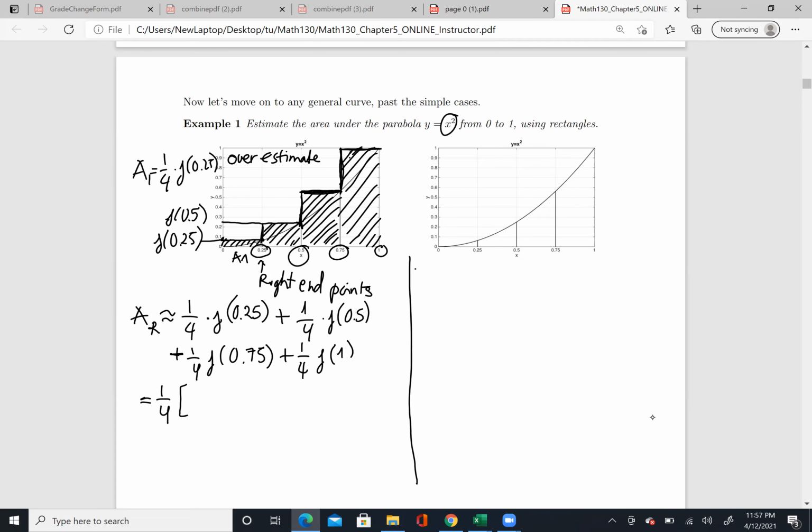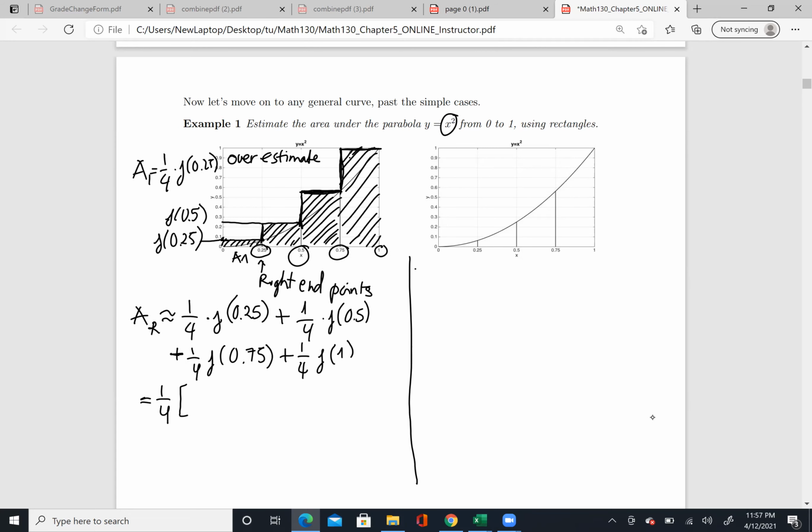Then use a calculator, and you will get 4.6767. Okay, so that is about using midpoint.